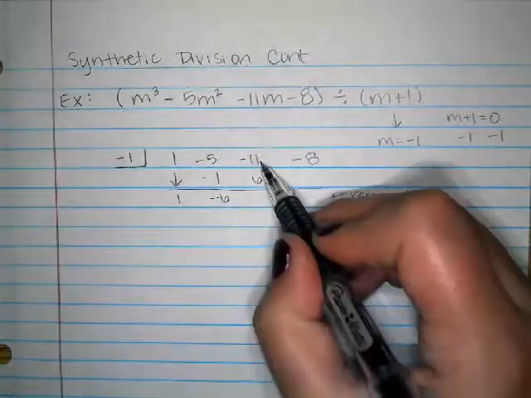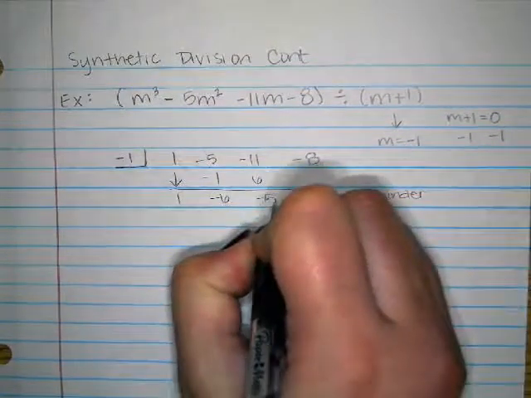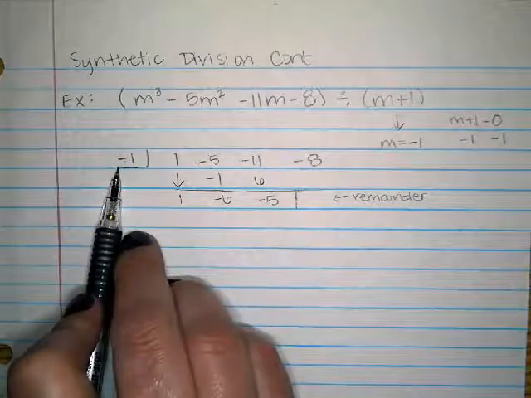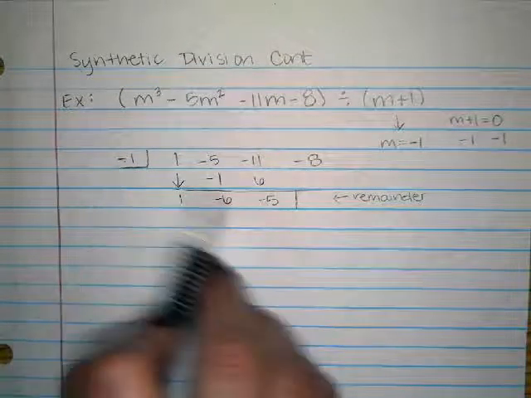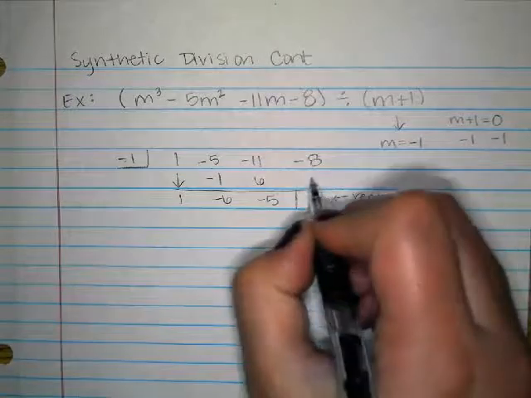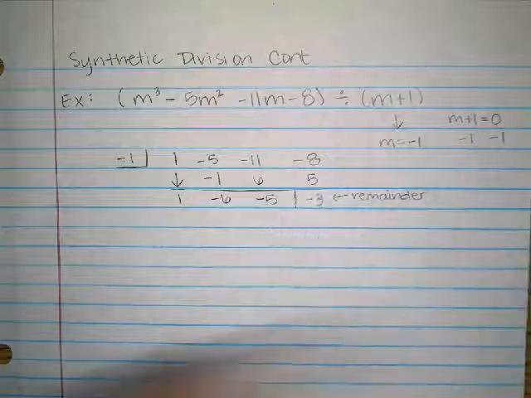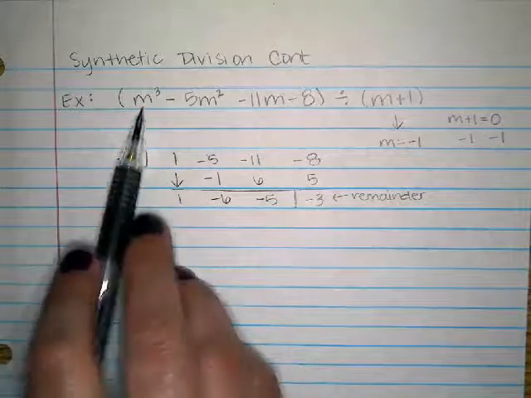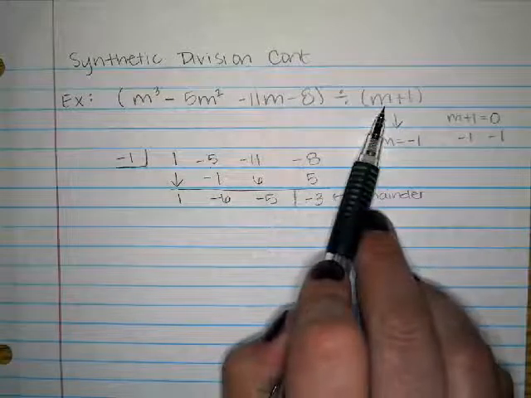And then I add those together. Negative 5. And then I multiply by what's in the box. Positive 5. Add those together, get negative 3. Okay? So then I say, all right, if I had an m to the third divided by m, what is that?